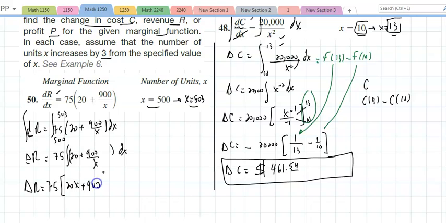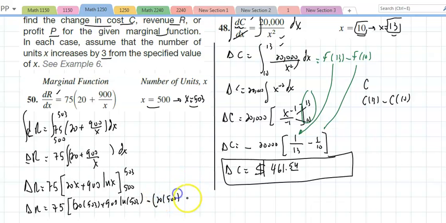Isn't this 900 natural log of x evaluated from 500 to 503? Wouldn't the actual change be 75 into 20 times 503 plus 900 natural log of 503 minus 20 times 500 plus 900 natural log of 500. Again, that's basically f of 503 minus f of 500.